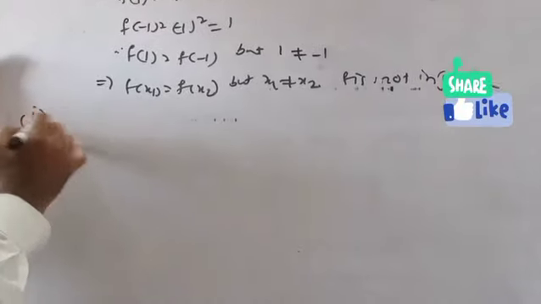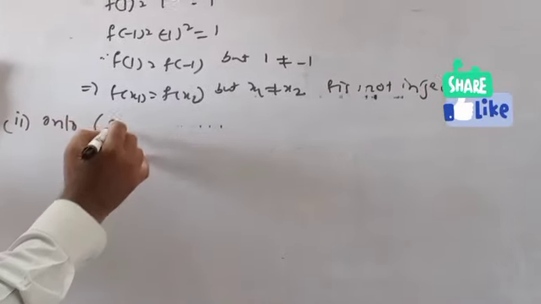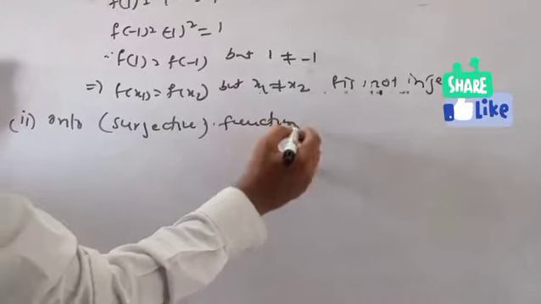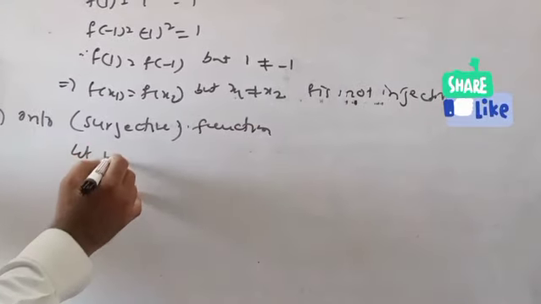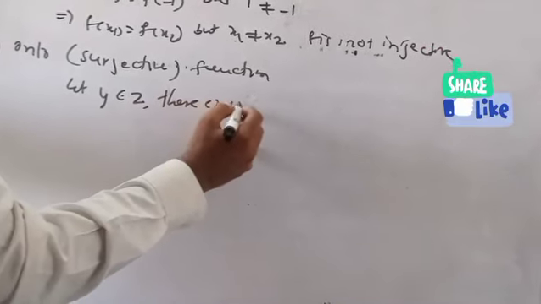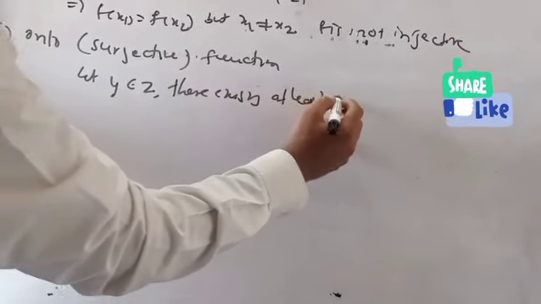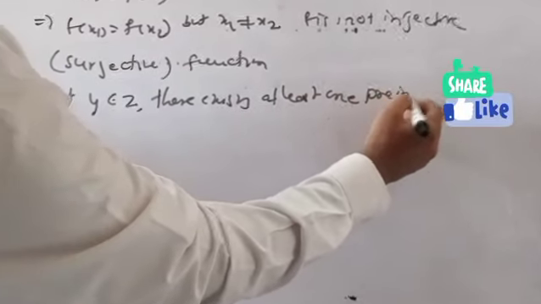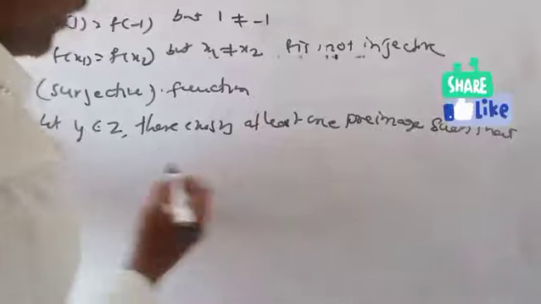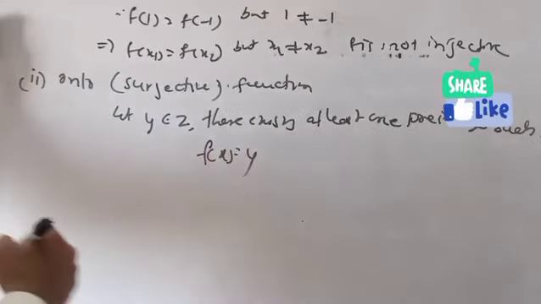Second one, onto function or surjective function. Here let y belong to Z. There exists at least one preimage x such that f of x is equal to y.